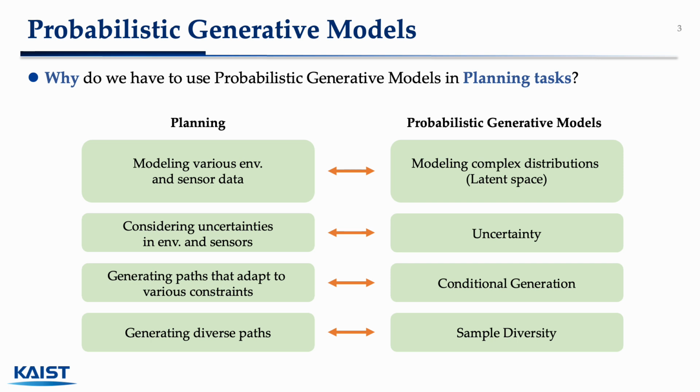Probabilistic generative models are well suited for this purpose. They can model complex data distributions, explicitly capture uncertainty, condition outputs on specific contexts, and produce diverse samples, all of which are critical capabilities for robust and flexible planning.